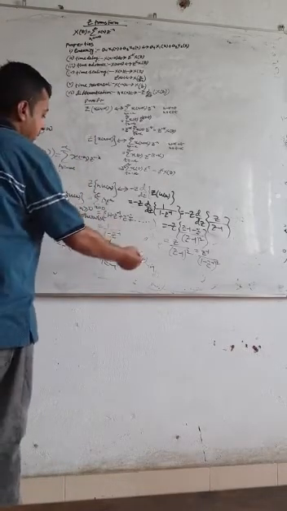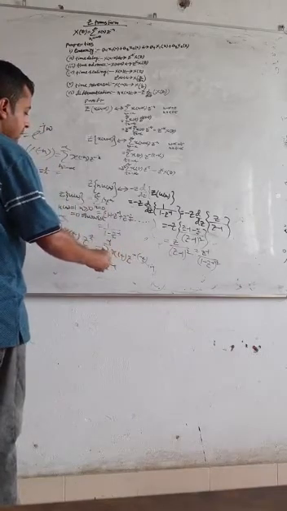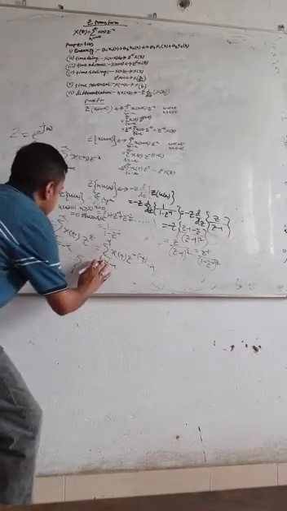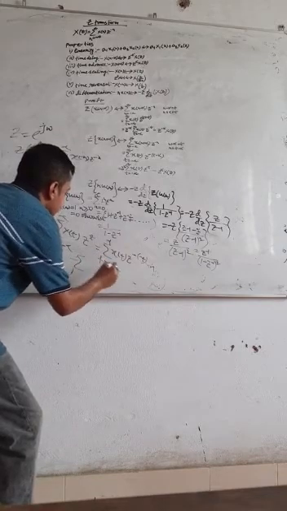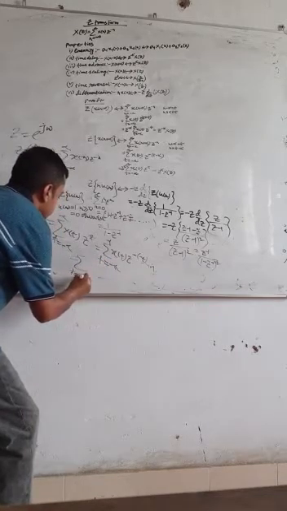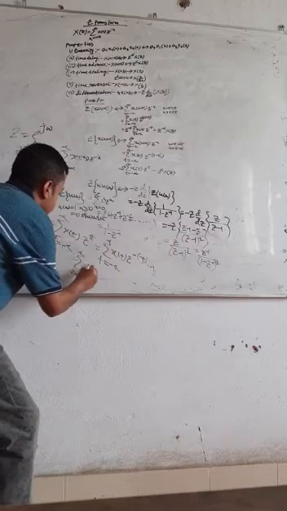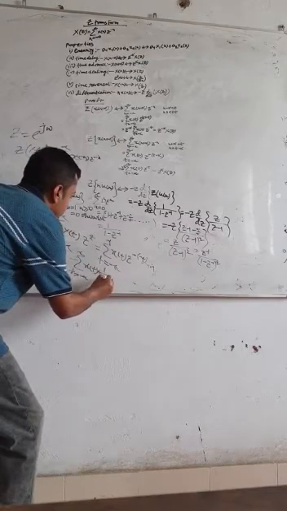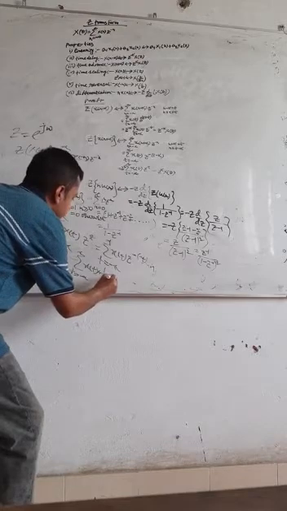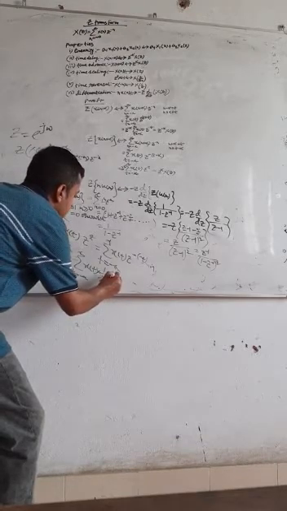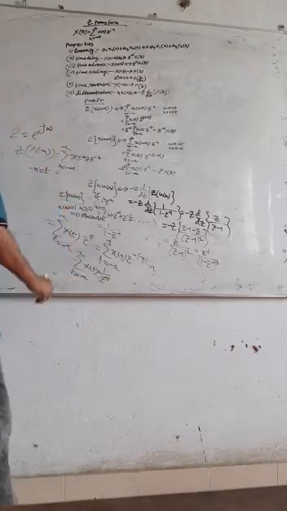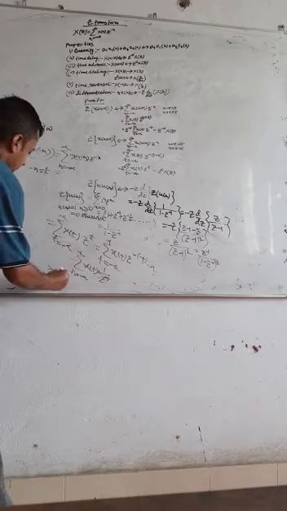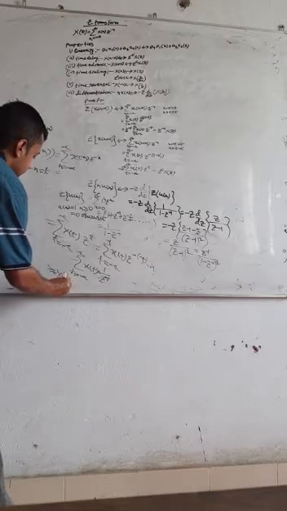It will be shifted by a time, so it will be the sum of x of t into (1 by z) to the power minus t. So your transform will be x of 1 by z.